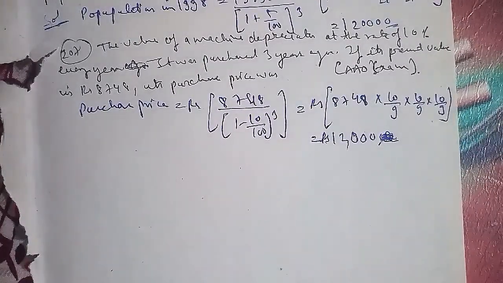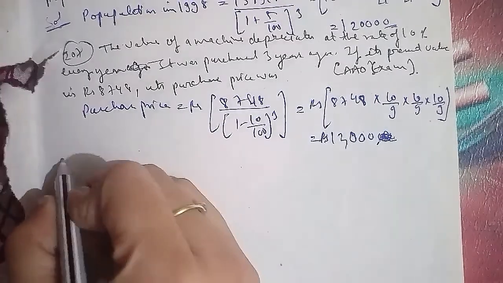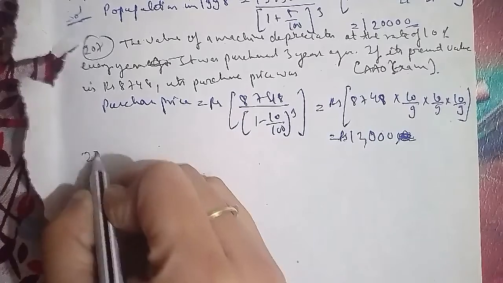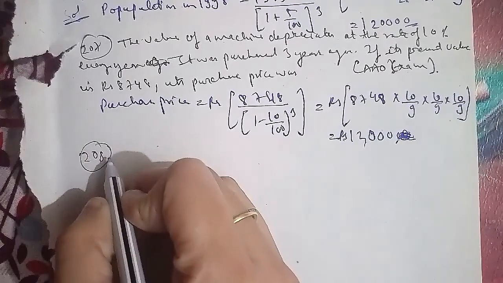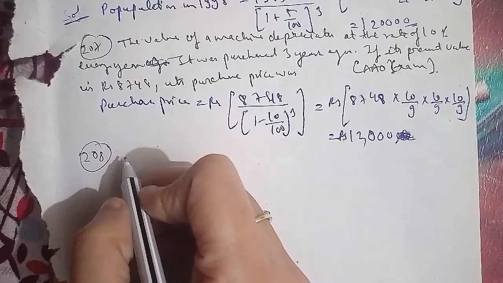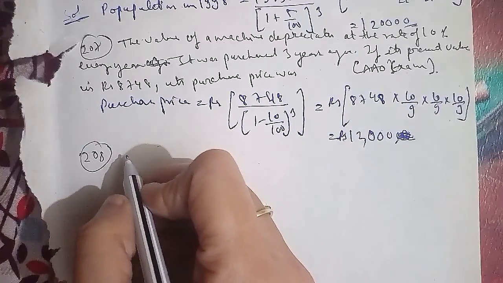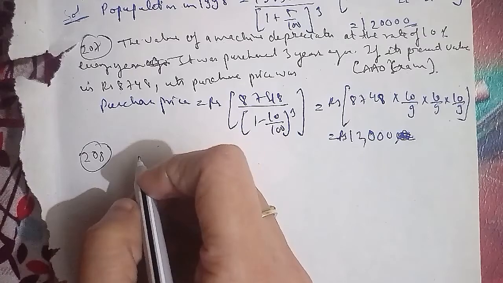Now we go ahead to the next question, which is the 208th question of the session, and it is an important one, of course. The question is: in the month of January, the railway police caught 4,000 ticketless travelers. In February, the number rose by 5%.